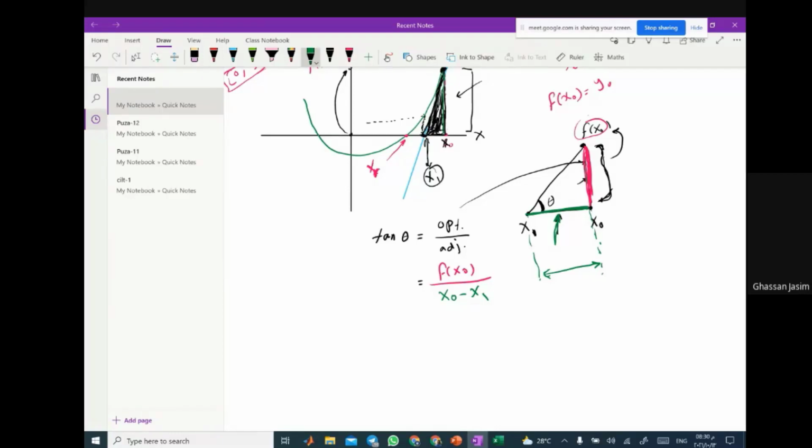That's true. Why? Because if this equals, for example, 5, and this equals 4, that means the distance from x1 to x2 equals 5 minus 4 equals 1. Okay?